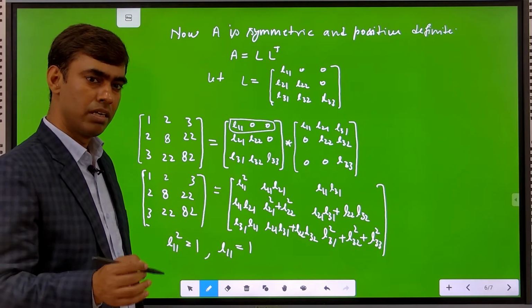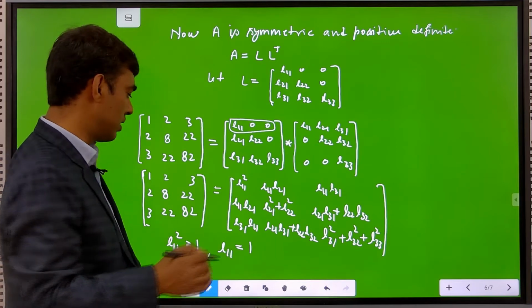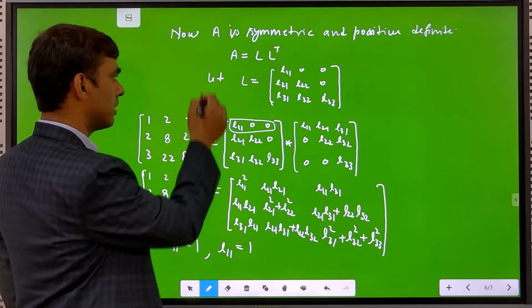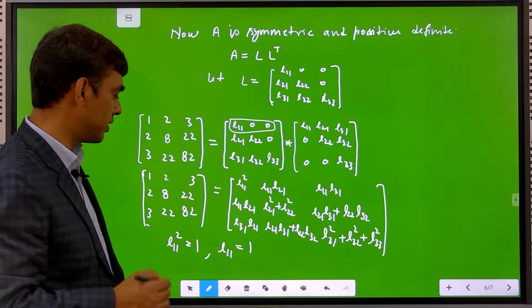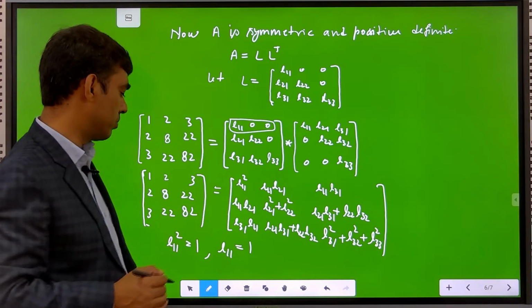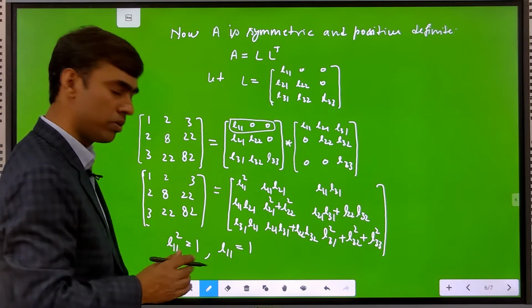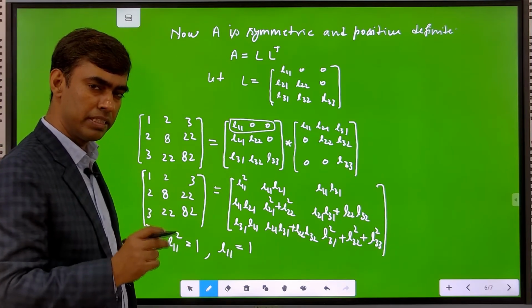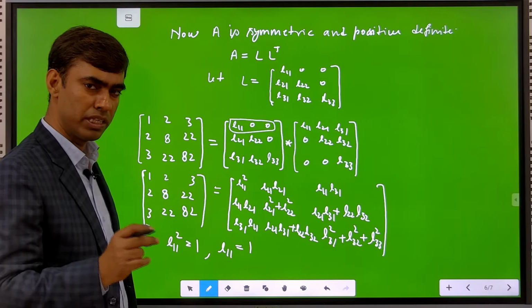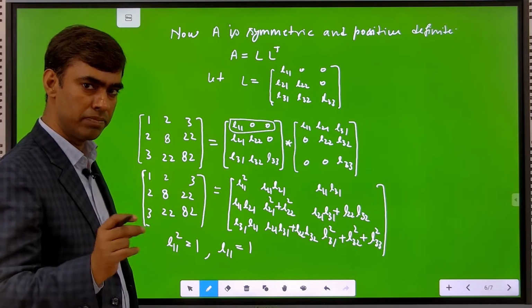In some cases we are also able to find the solution of a system of linear equations with the negative value, but here we only consider the positive root. I repeat this statement because it is very important: always consider the positive root.